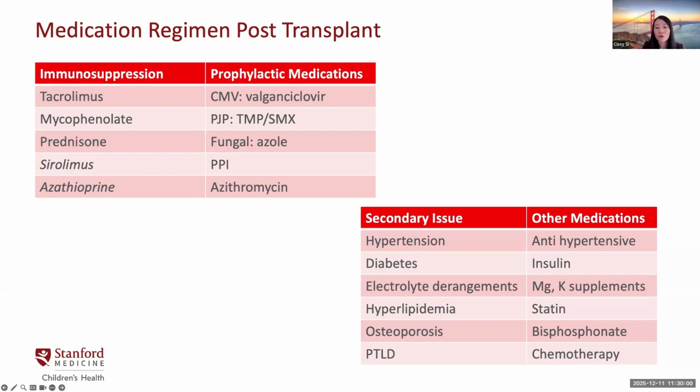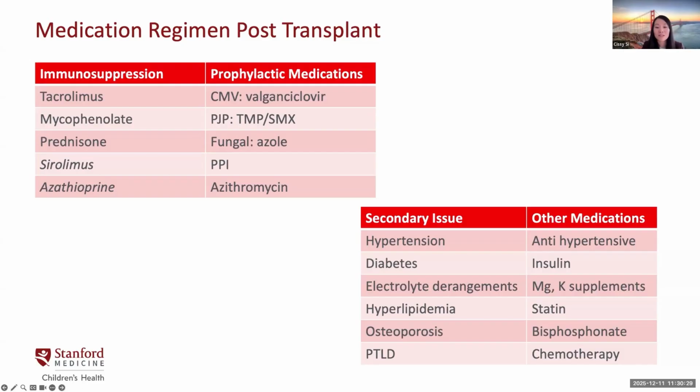But being on immunosuppression long-term also has side effects, and patients can develop hypertension, diabetes, hyperlipidemia, osteoporosis, which ultimately may need more additional medications. So I describe lung transplant as a therapeutic option. You're essentially trading one disease for another disease, and patients are on lots of medications that are needed to be on lifelong.